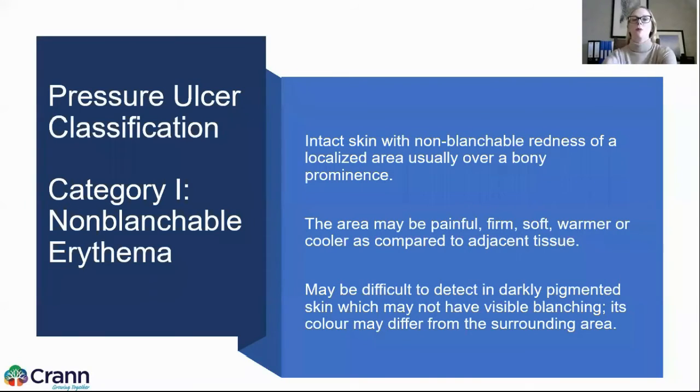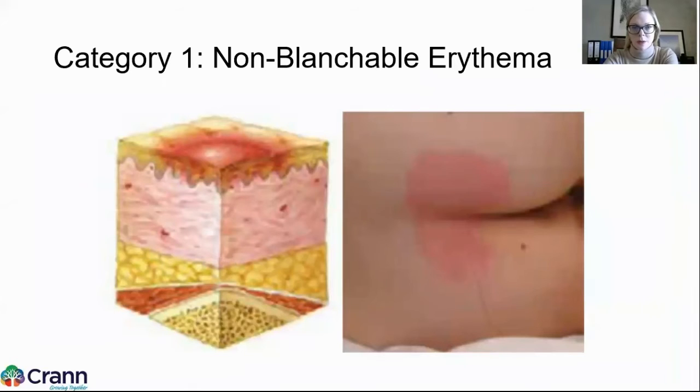It can be warmer or cooler compared to the other tissues, so the surrounding skin might be cooler or warmer. There's just a difference in the feel of the skin. In people who are darkly pigmented, it can be more difficult to notice this stage and it can be overlooked, so just be mindful of that.